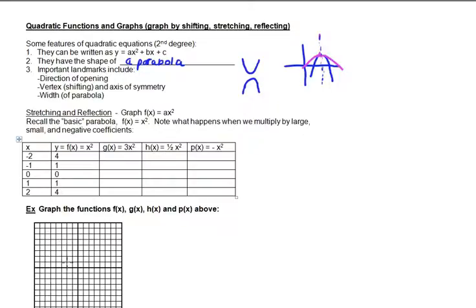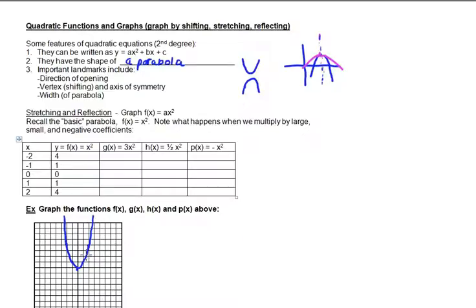So the first one is negative 2 in the x direction, positive 4 in the y direction. The second point is negative 1, positive 1. We have a point at 0, 0, positive 1, positive 1, and positive 2, positive 4. And so we can draw the basic parabola through these points, and we have something that looks like this.